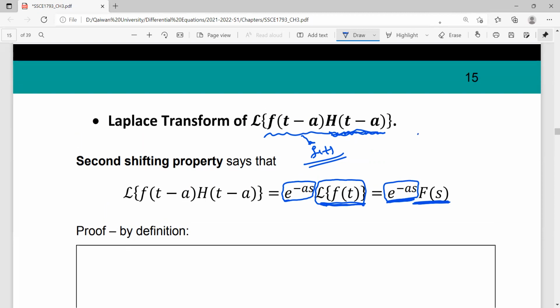Let's say the Laplace transform of t h of t minus 2 equals the Laplace transform of t, where n is 1, n factorial, which is 1, divided by s to the power n plus 1, which is 2, multiplying by e to the power minus 2s. Okay, this is a.